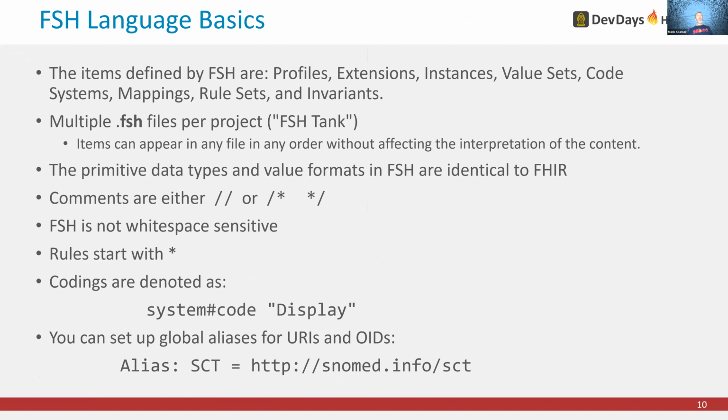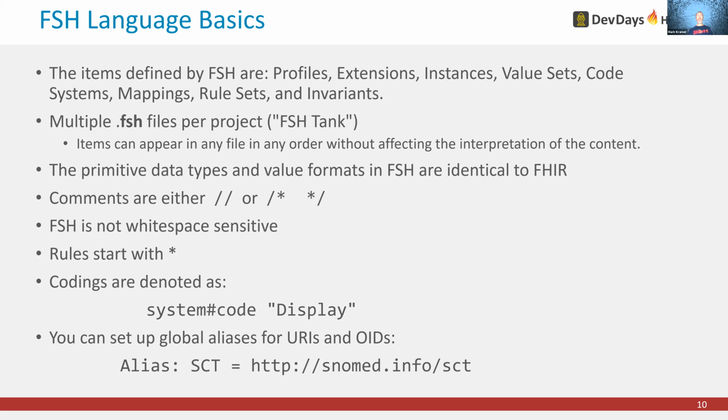So let me explain some basics about FHIR Shorthand. In FHIR Shorthand, there's 8 or 9 different objects that you can define. These are items: profiles, extensions, instances, value sets, code systems, mappings, rule sets, and invariants.